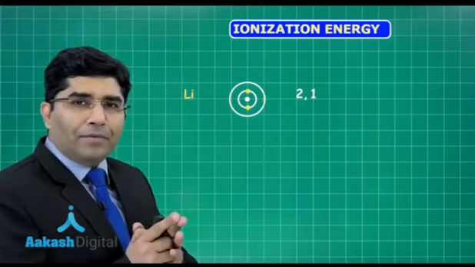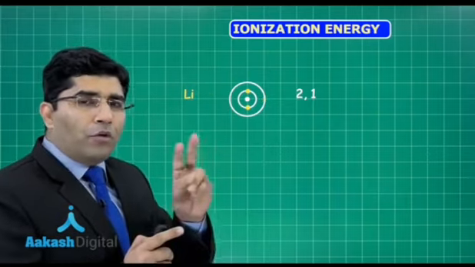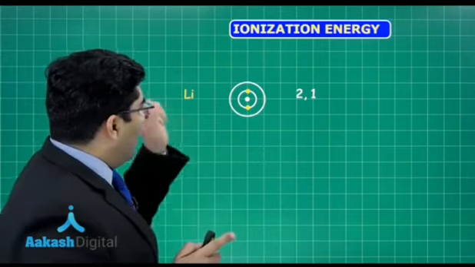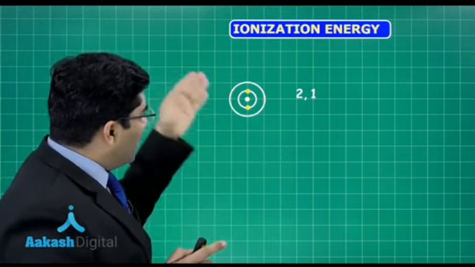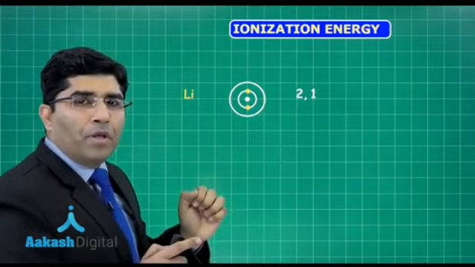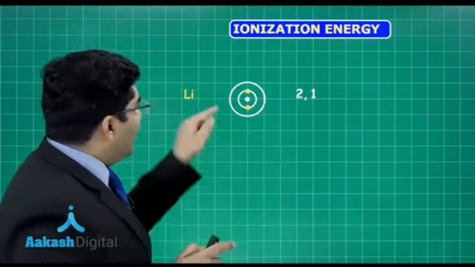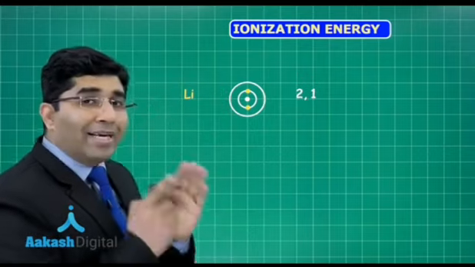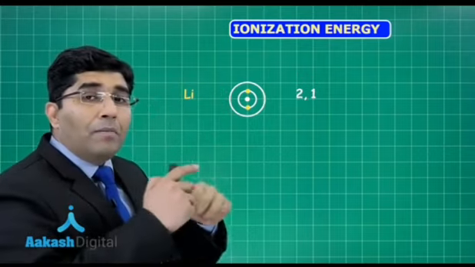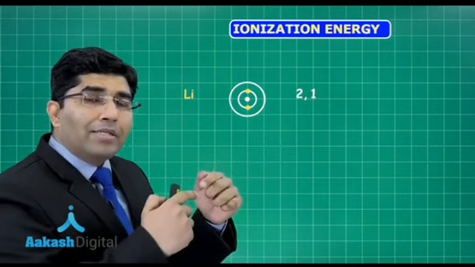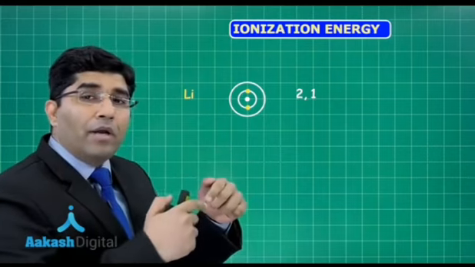right? So, there are two factors. First, the nucleus is attracting this valence electron, which increases the ionization energy. Second, these two electrons which are moving in the K shell come in between the nucleus and the valence electron. And what are they doing?